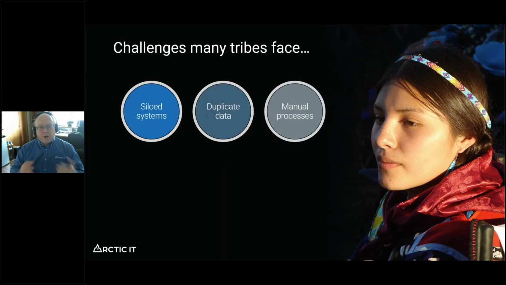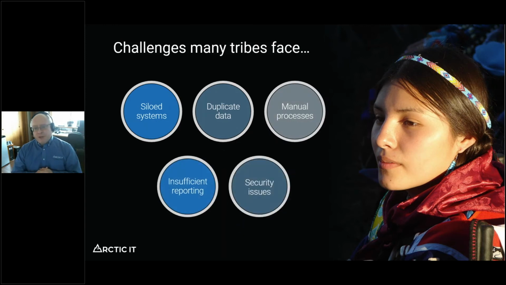So let's talk about some of the challenges that many tribes, and of the tribes in the past that we've worked with, we see some of the same patterns of situations and issues. You have different departments within the tribal government.